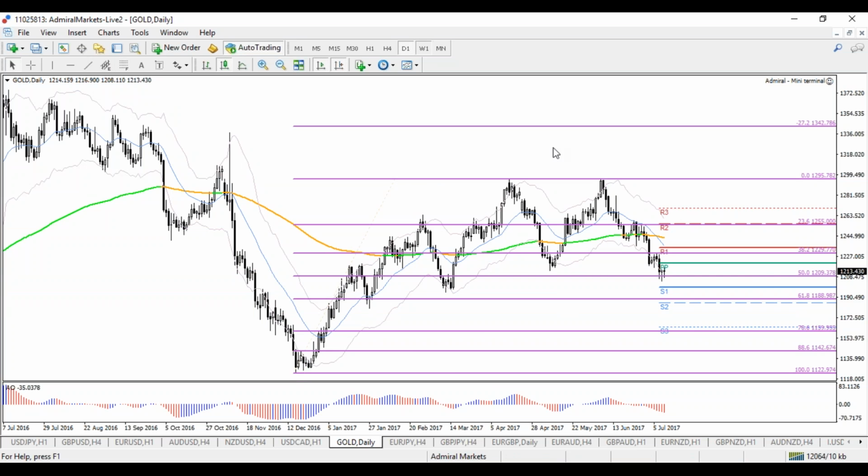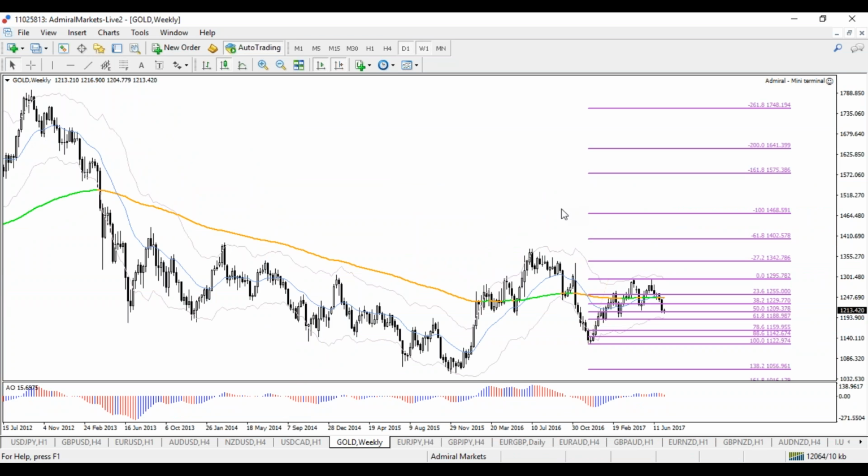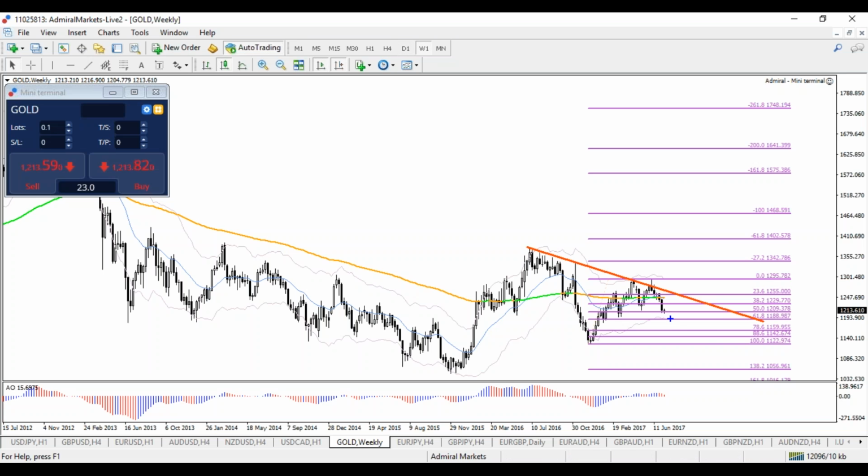But if you look at the bigger context, at the weekly chart, ultimately, the best long trades are, I think, if it breaks above this resistance trend line, or if it bounces at these fibs indeed.